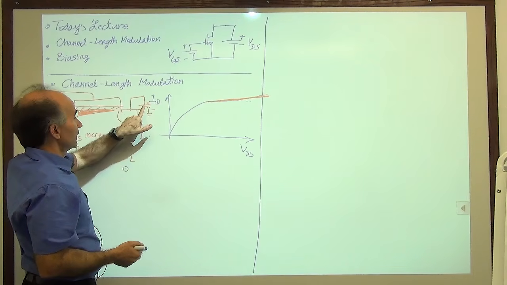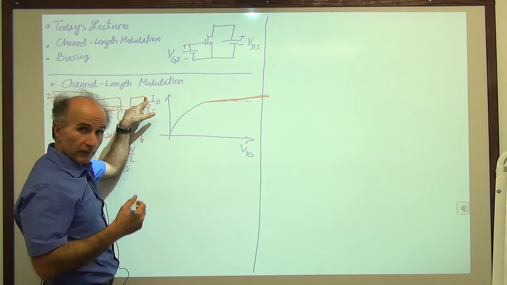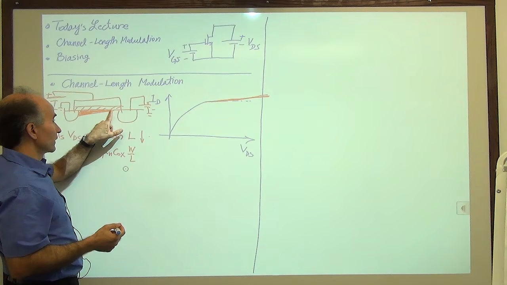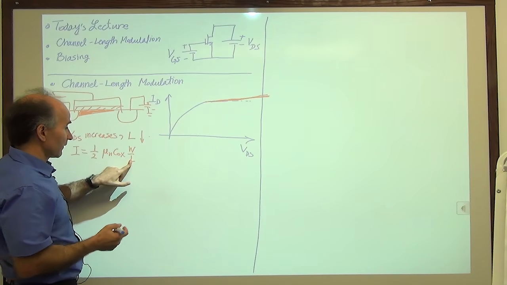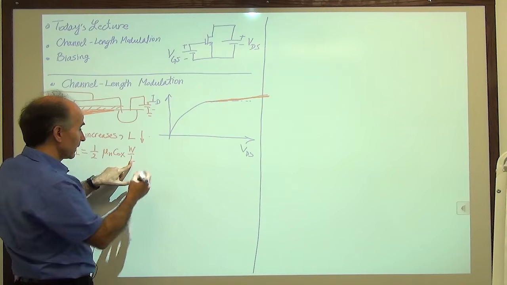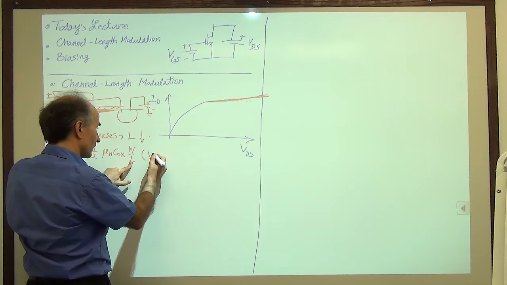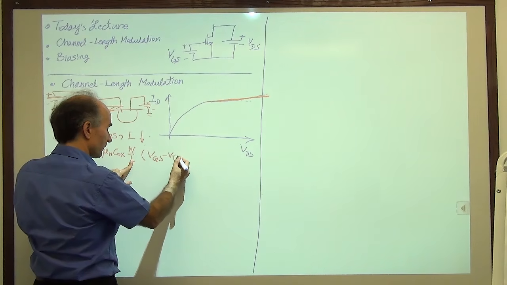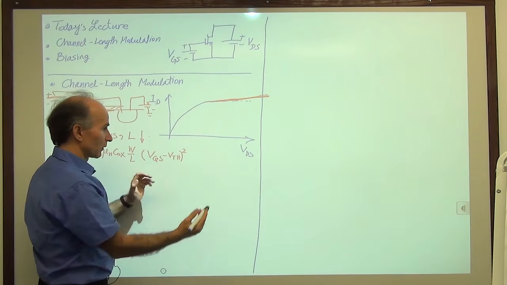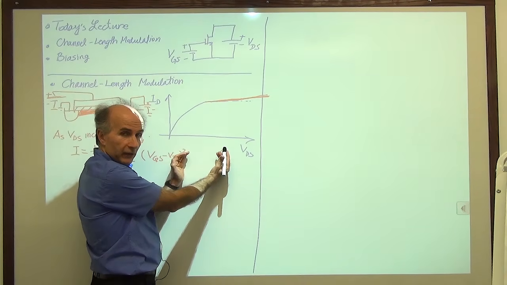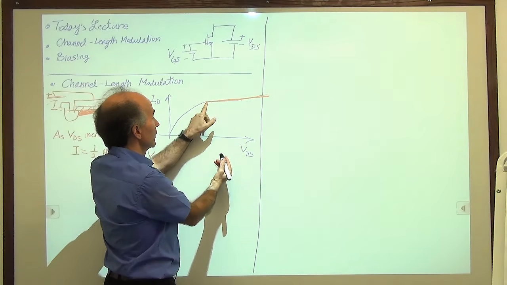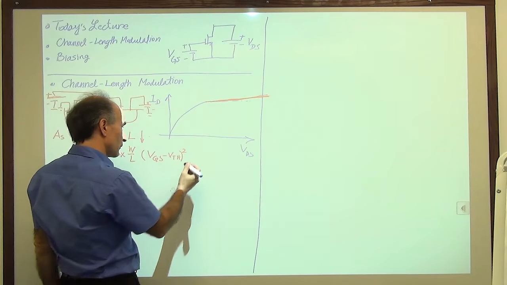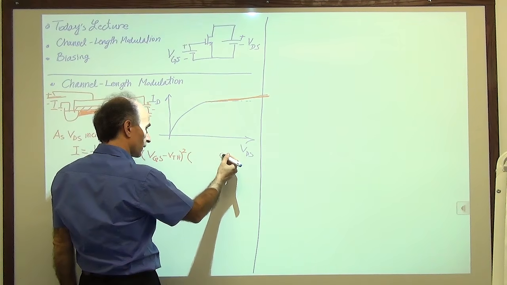Now, if the higher drain voltage pushes the pinch-off point to the left, I will take care of that not in this L term, but somewhere else. So I will write everything else like before, and I will have a correction factor to reflect this behavior here.